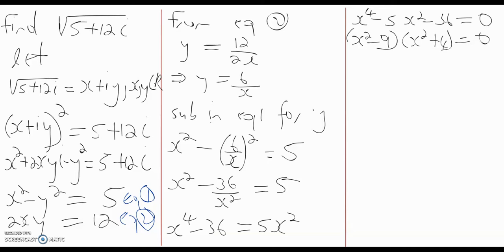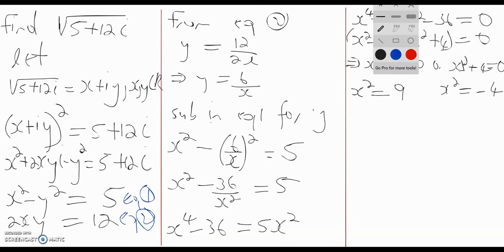Now, of course, the concept is, if two things multiply to give us 0, one must be 0. So it's either x squared minus 9 equals 0 or x squared plus 4 equals 0. In this case, x squared would be equal to 9, and over here, x squared would be equal to negative 4.